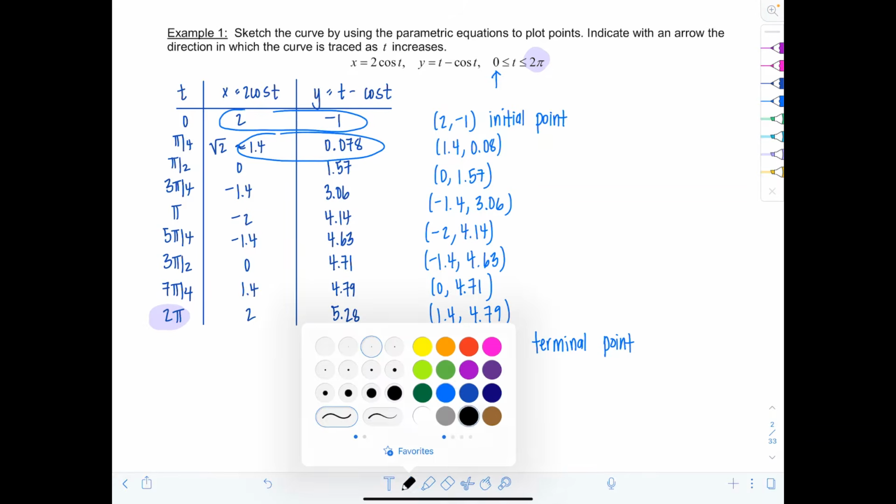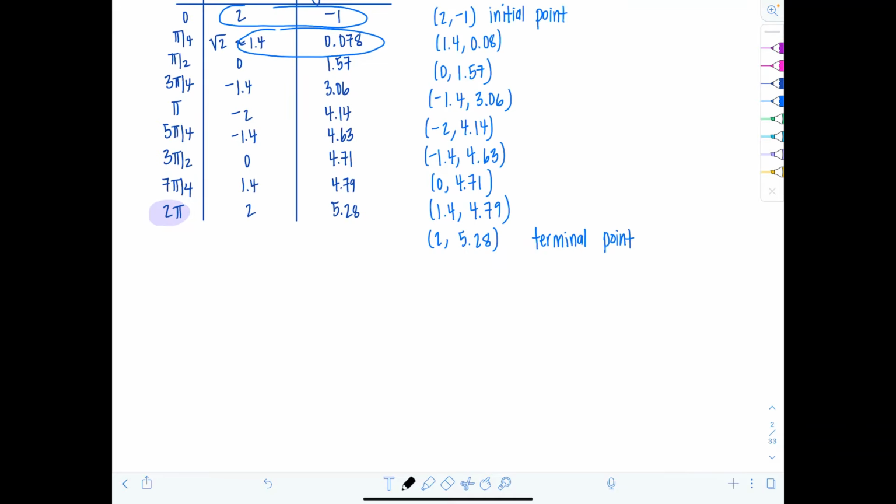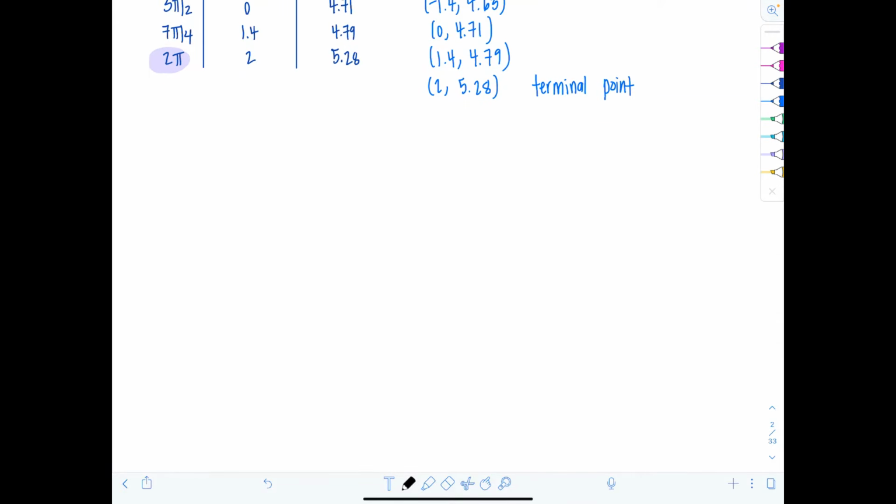So now let's plot it. It looks like in the x direction, we just live between 2 and negative 2. And then in the y direction, we go down to negative 1, but I have to go up to a little more than 5. Okay, so let's do it.